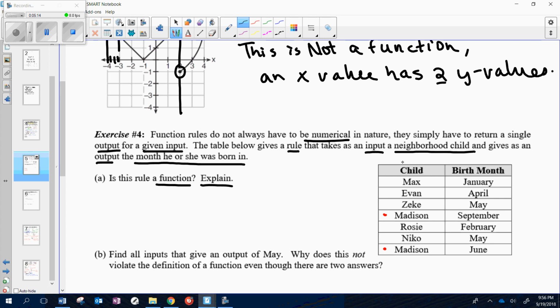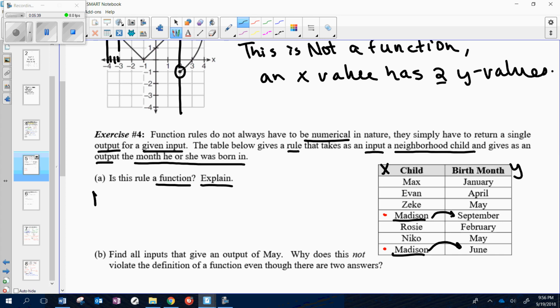We're looking down the child list, which would be my X or input, and looking at the birth months, which would be like Y. I see that this child named Madison has a birth month in September and June. Don't know how she was born twice, but it appears here that she did get born twice. Okay, so is this rule a function?